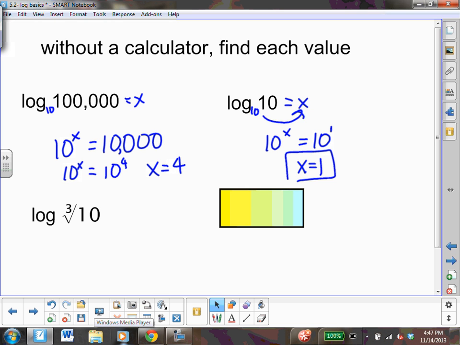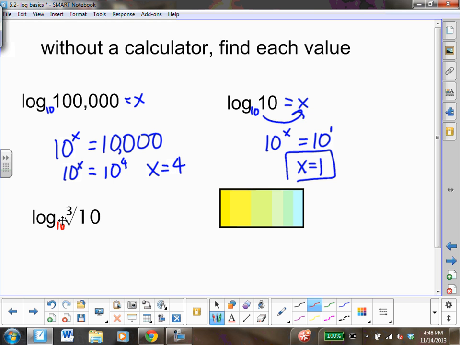The log base 10 of the cubed root of 10. So again, set it equal to x. 10 to what power is going to give you the cubed root of 10? Well, I can express a cubed root as a fractional exponent. So that means that x has to equal 1/3.